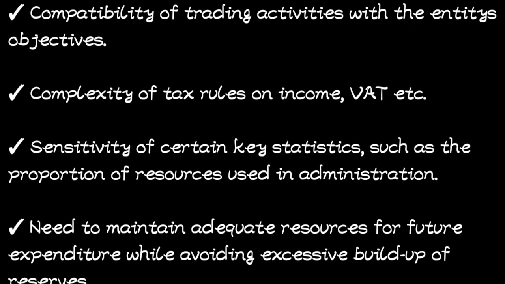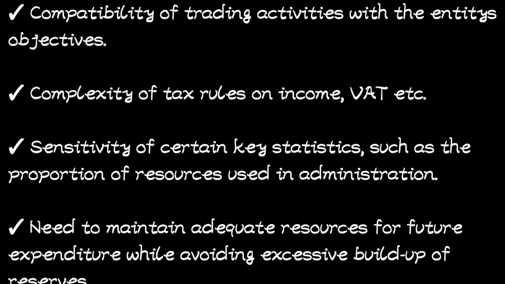Another risk is compatibility of trading activities with entities' objectives. It's very hard to match the trading activities with the entities' objectives. Then the complexity of the tax rules on income and VAT when it comes to not-for-profit entities.